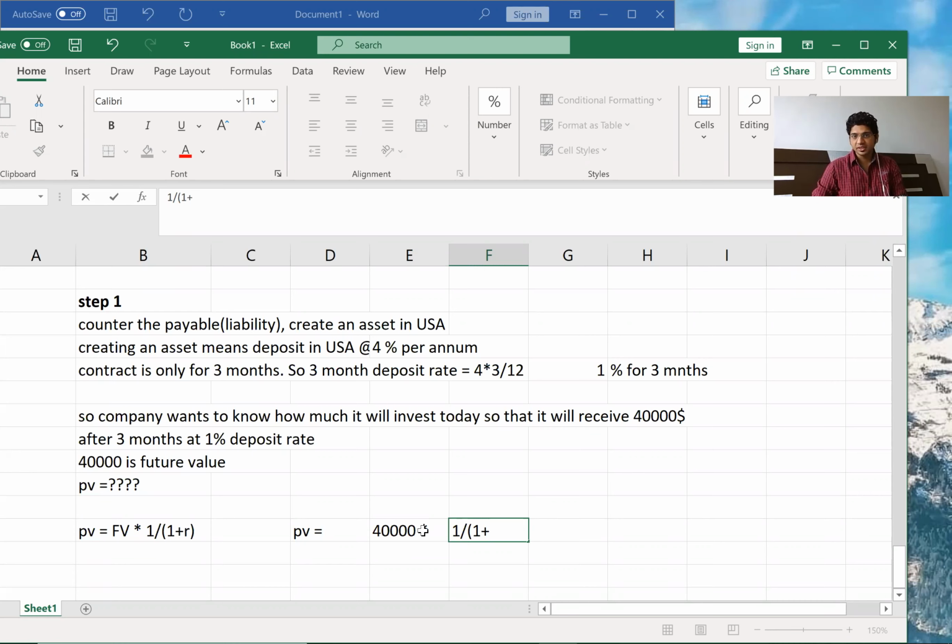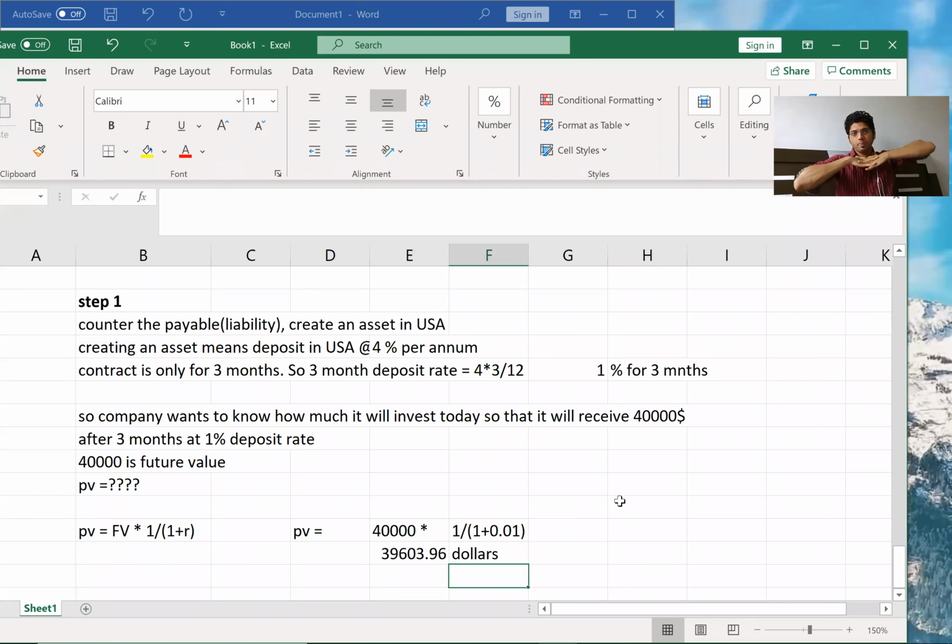R is 1%, right? 1% means 0.01. So that will be 40,000 into 1 upon 1.01. That is $39,603. That is my step 1.